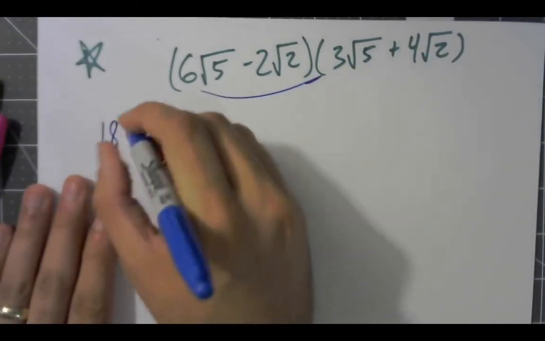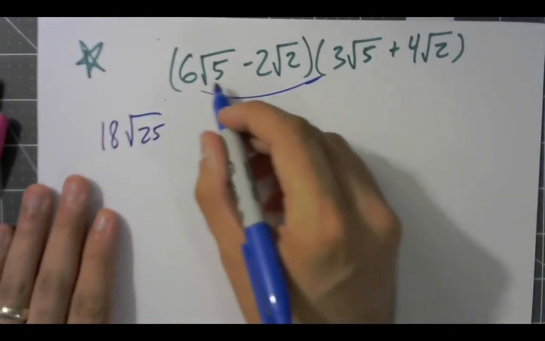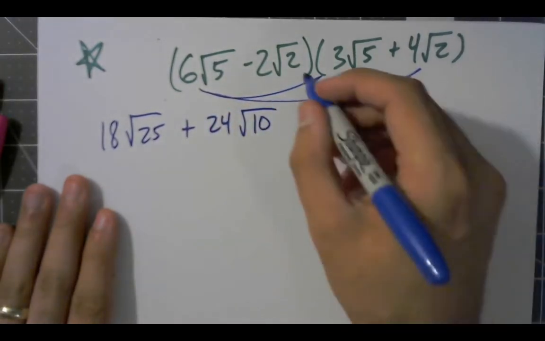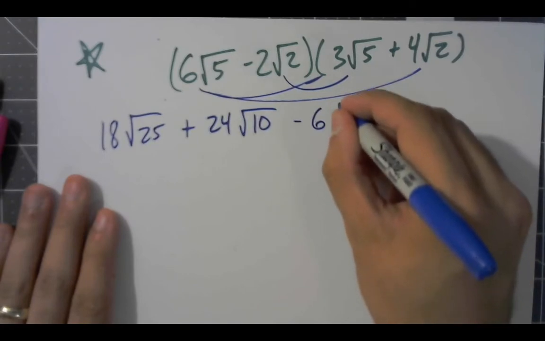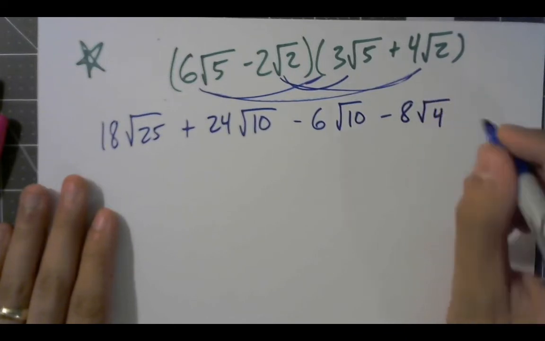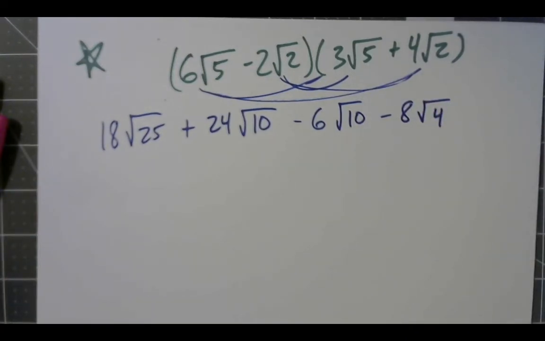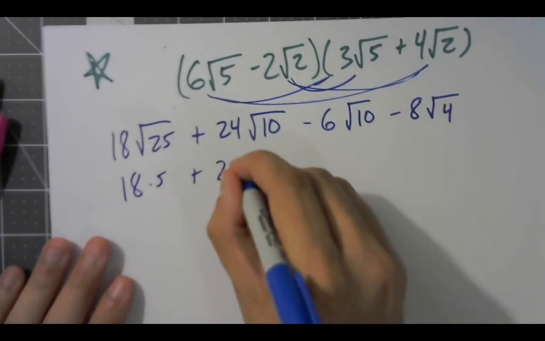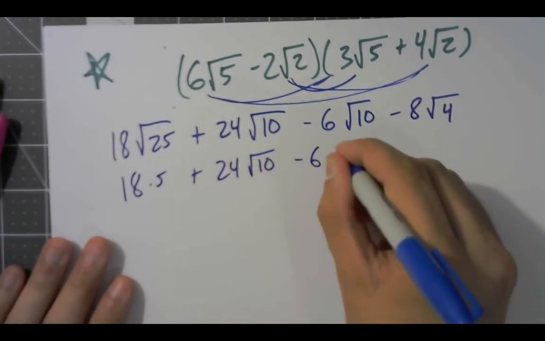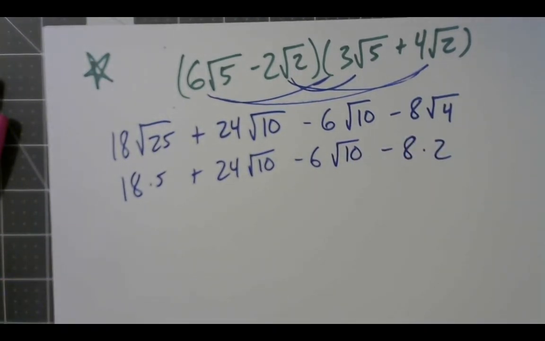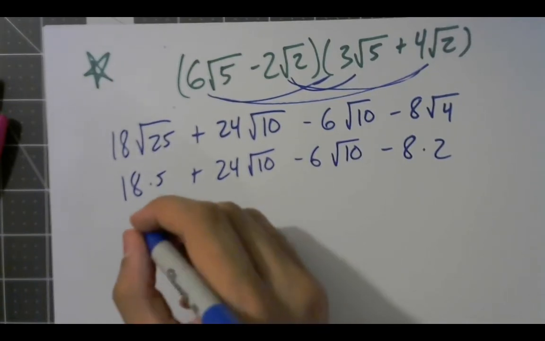So this becomes 18 square root 25 plus 24 square root 10 minus 6 square root 10, and then finally minus 8 square root 4. A couple things to note. You have things that can simplify. You have 4s and 25s. So I'll turn that to 18 times 5, and 4 root 10. 18 times 5 is 90.